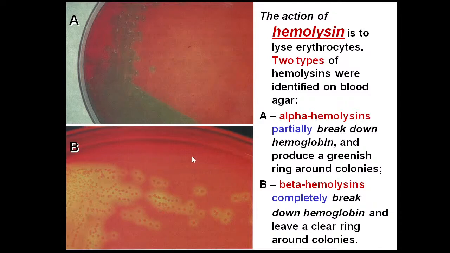Normally, the blood agar is opaque because the cells are incorporated in agar, it is not transparent and red. So when erythrocytes and hemoglobin are broken down, we can see the clear zones around the colonies. The colonies are seen, right, and a clear halo around the colony.